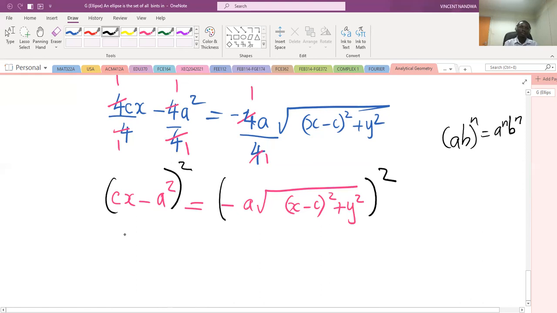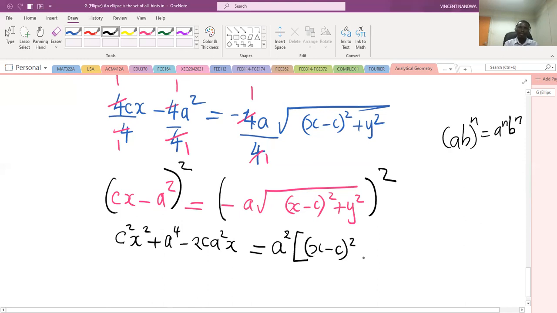So that I have c squared x squared plus the square of this, which is a power 4, and then minus 2c a squared x. And the square of this will be a squared into (x minus c) squared plus y squared.